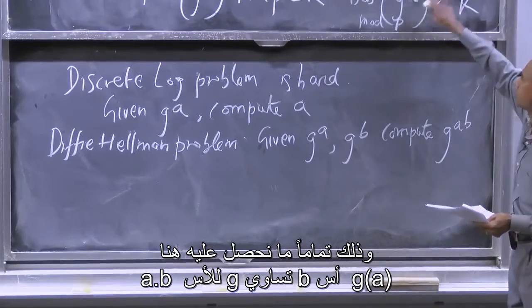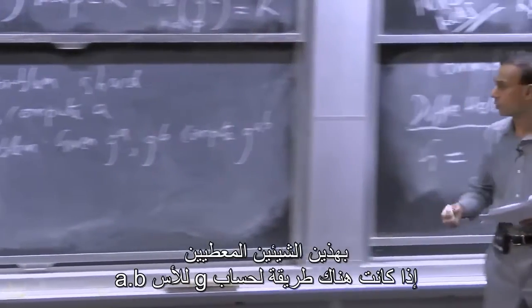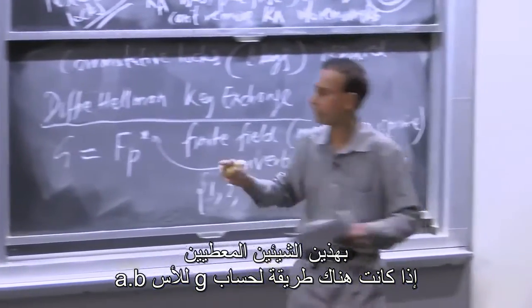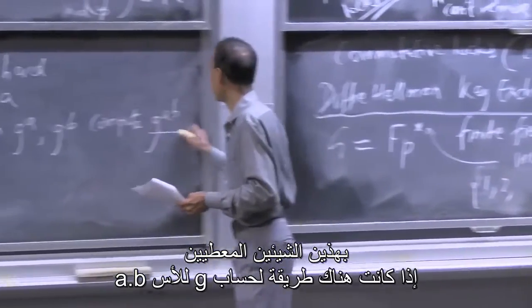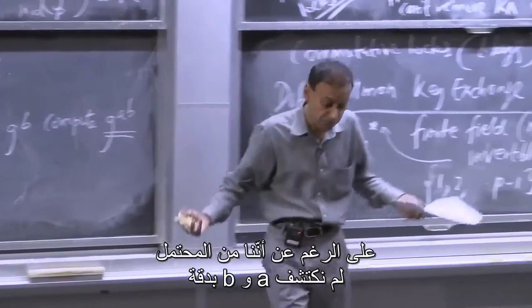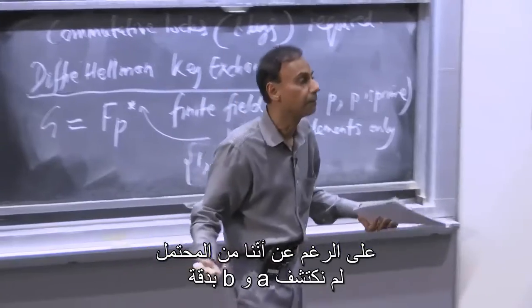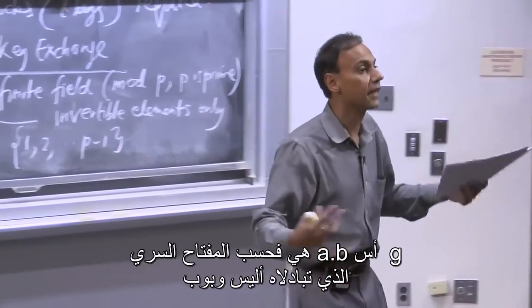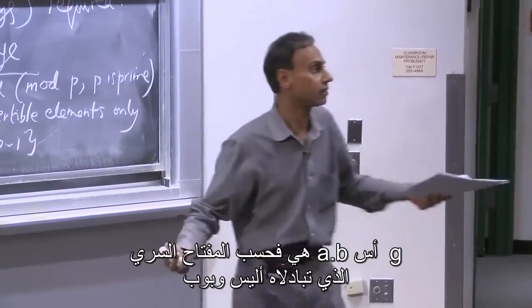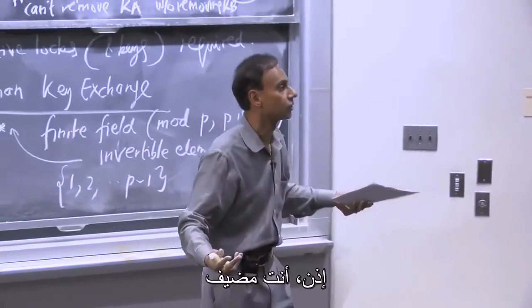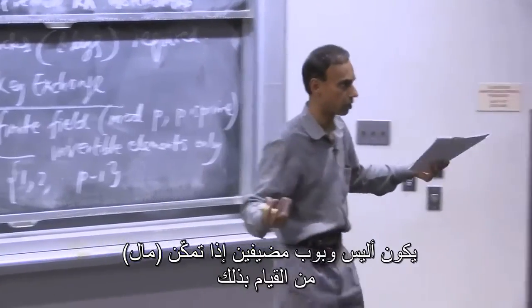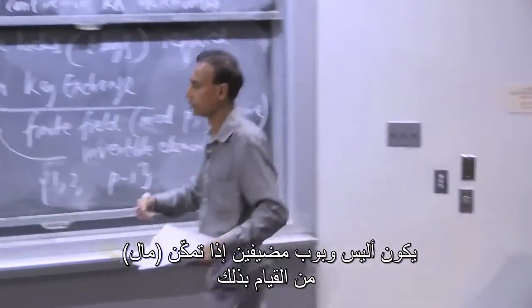G^A raised to B is G^(A*B). So given those two things, if there's a way of computing G^(A*B), even though you potentially haven't discovered A and B precisely, G^(A*B) is the secret key that Alice and Bob exchanged. So you're hosed. Alice and Bob are hosed if Mal can do this, right?